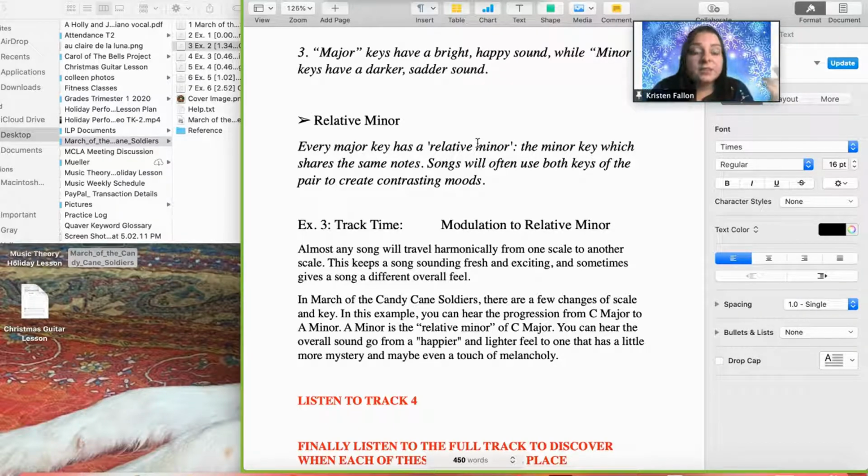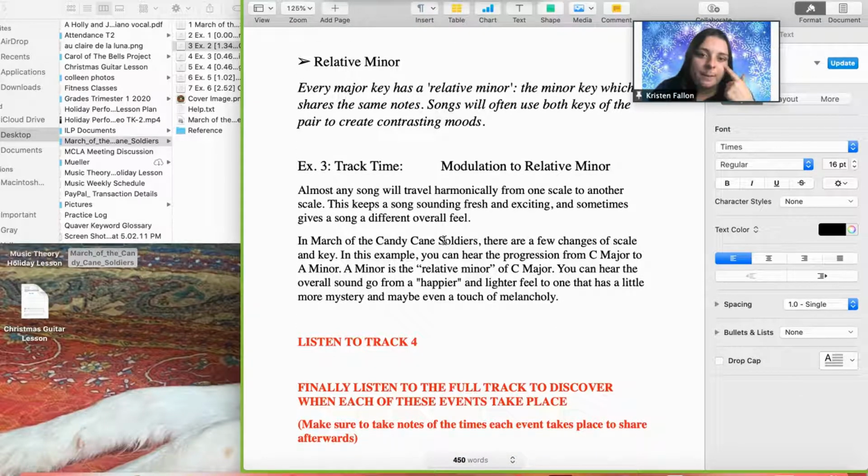Happy birthday to you, happy birthday to you would be a major song. Minor keys, minor songs, have a darker or sadder sound. Happy birthday to you, happy birthday to you. A little different. All that I'm changing is one note there, and that's what makes it major or minor.